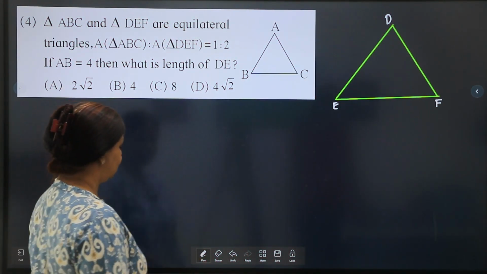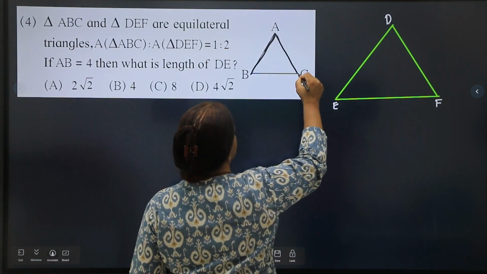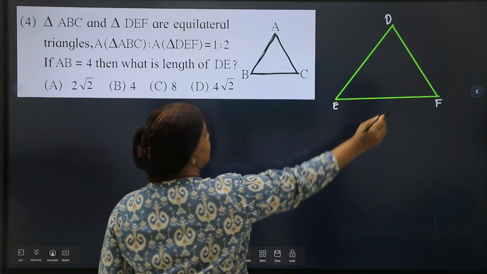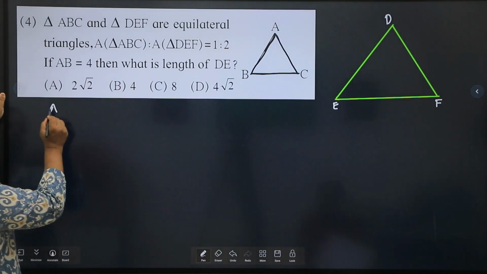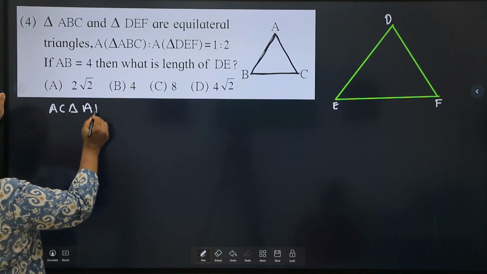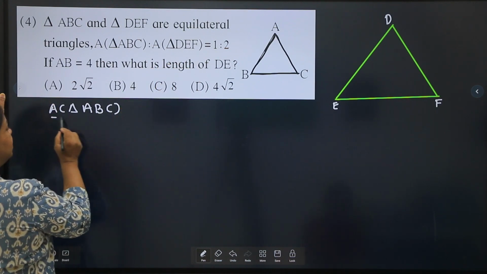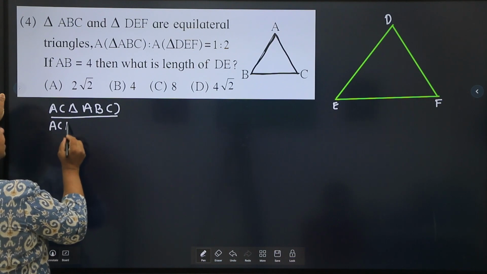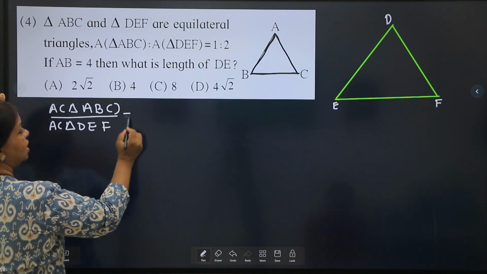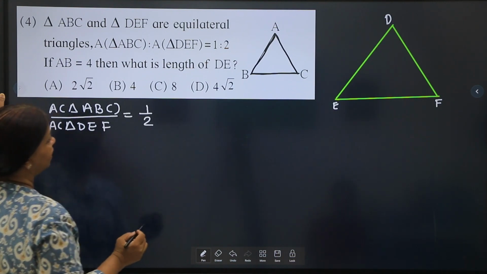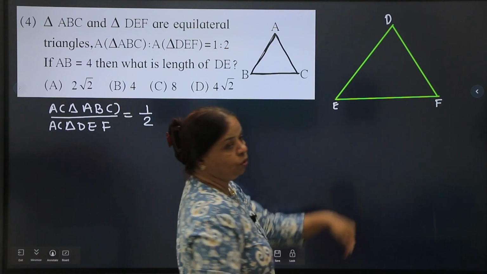You can see here a small triangle ABC and a big triangle DEF. It is given that the area of triangle ABC upon the area of triangle DEF is 1 upon 2.